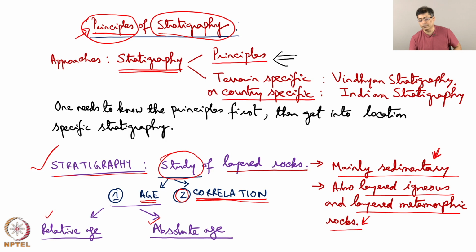You can find a book on Indian stratigraphy, or a book on German stratigraphy, or there can be terrain specific discussion of stratigraphy. If someone says the Vindhyan stratigraphy, that means the stratigraphy of the Vindhyan supergroup has been explained.